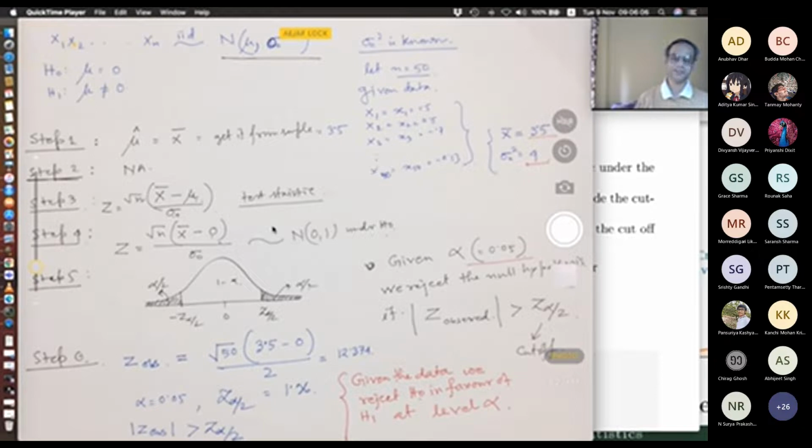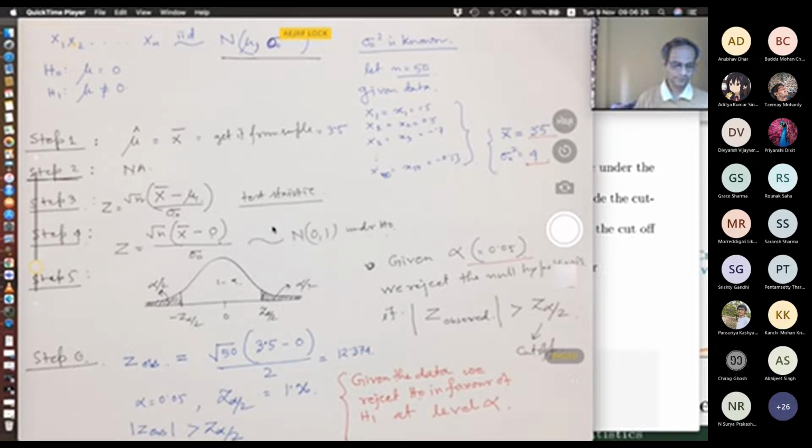So there are testing procedures on how to construct a test, and there are also methods to get most powerful tests. These are topics of a formal inference course that we cannot get into here just now.